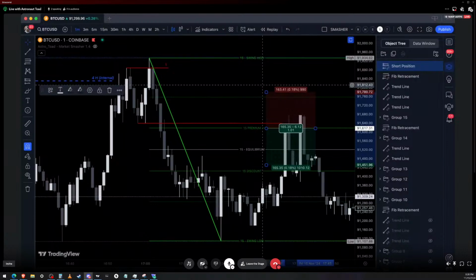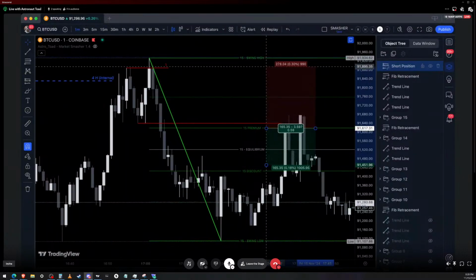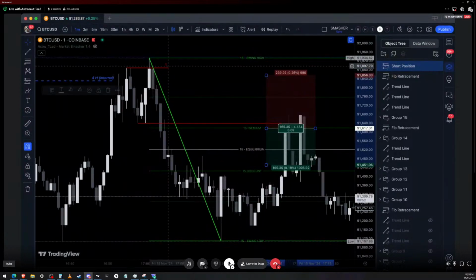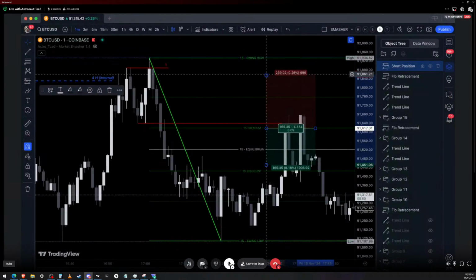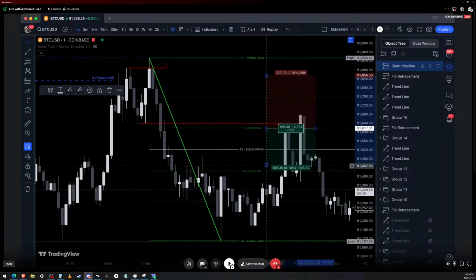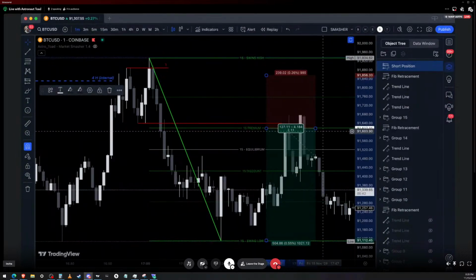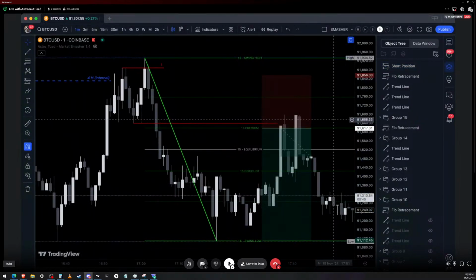What you want to do is give yourself some level of leeway, and I usually put it somewhere in the middle, unless there's something specific up here that might attract attention. And then you target that low that gave it to you, and you've got your 2.0 risk reward. I'm not taking a trade unless it's at least 2.0 on the reward factor.